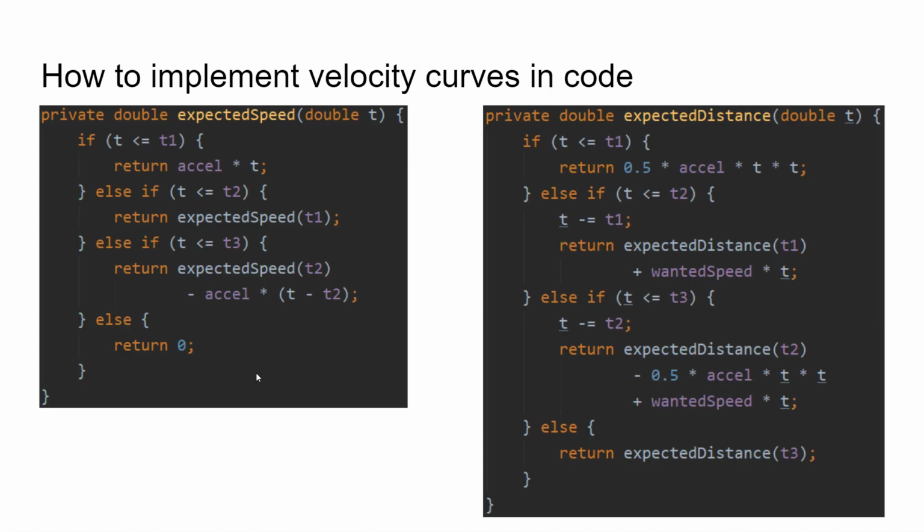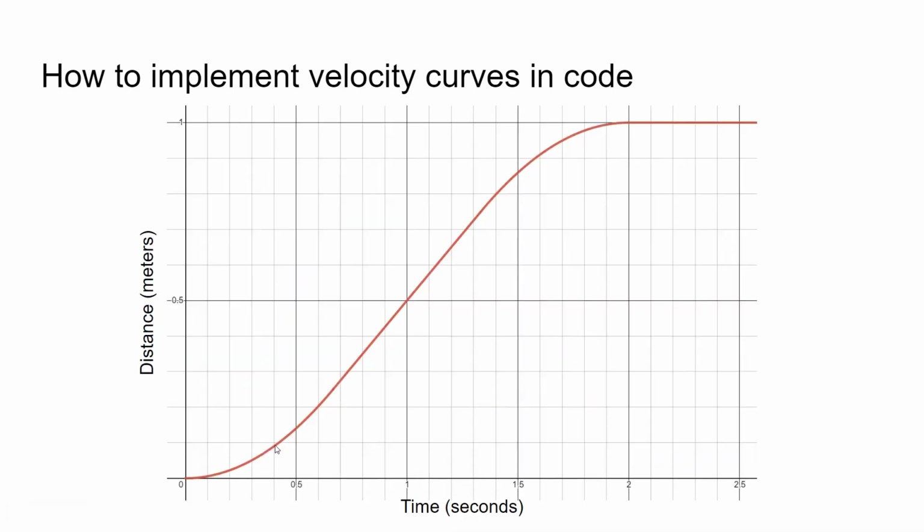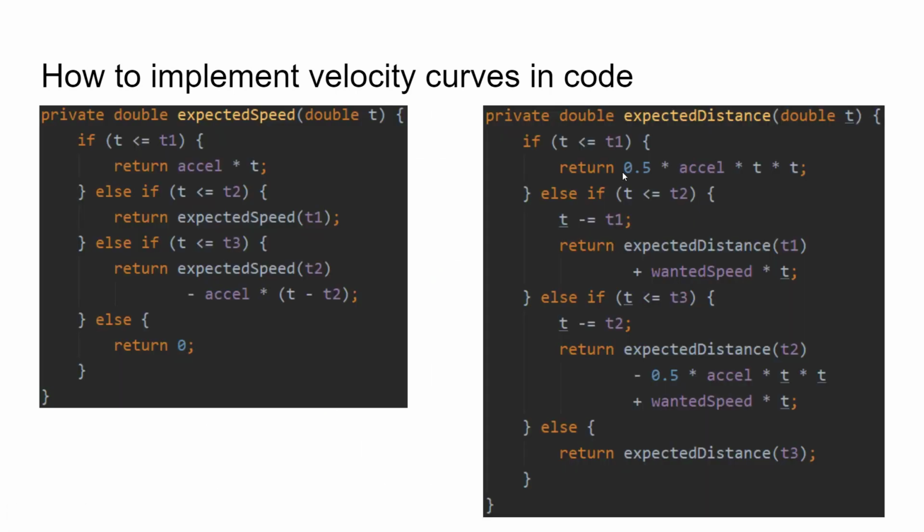And now we can take a look at what happens in expected distance. This one is definitely a bit more gnarly. Same idea, we give it a time, it returns us the distance that we expect to be at that time. So what's happening in this first bit here? Well, we're saying if t is less than or equal to t1, so if we're in this little curvy section of the position graph, then we're going to return 0.5 times accel times t.